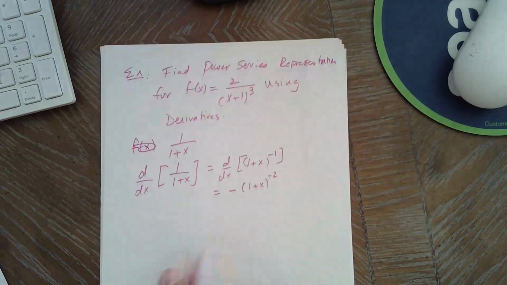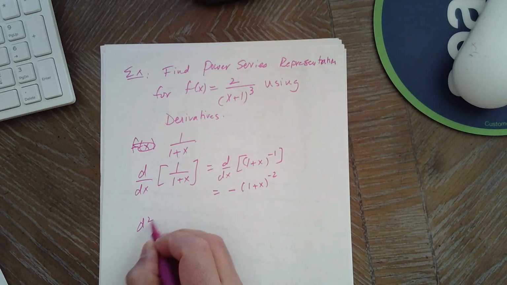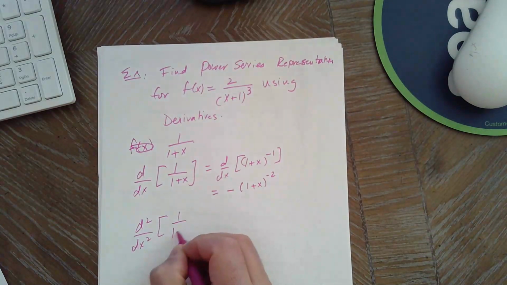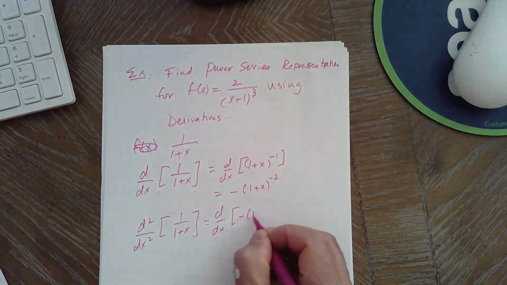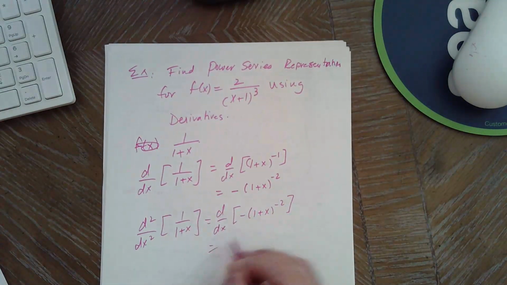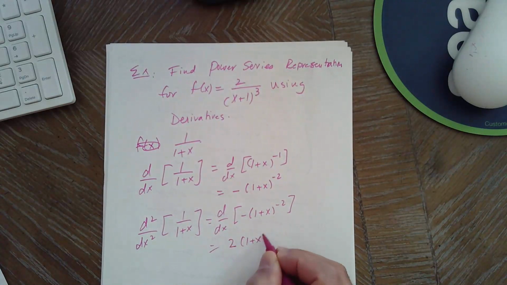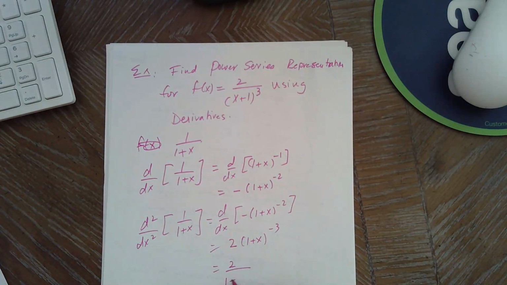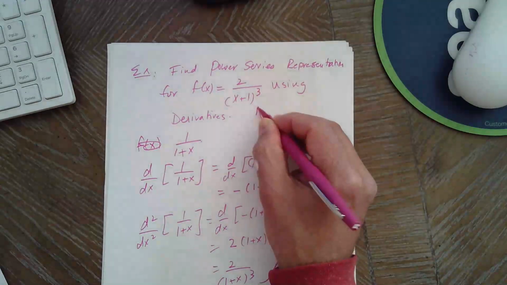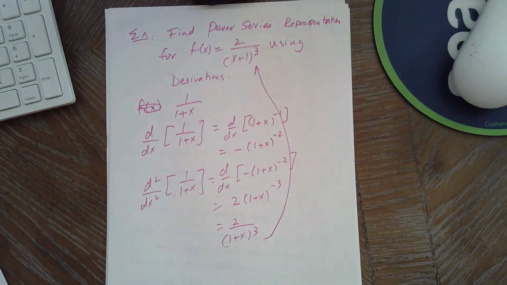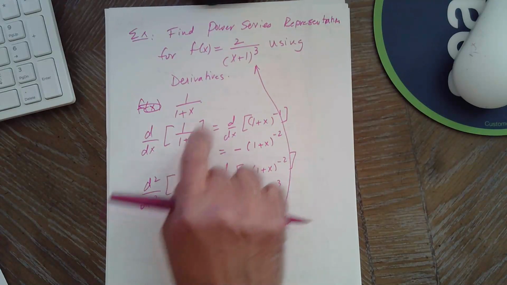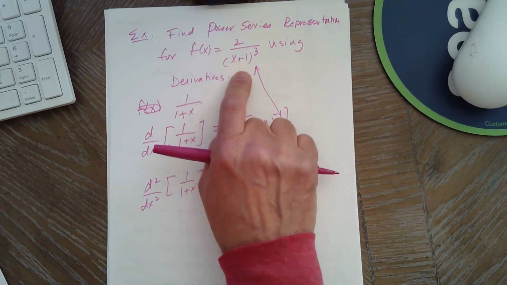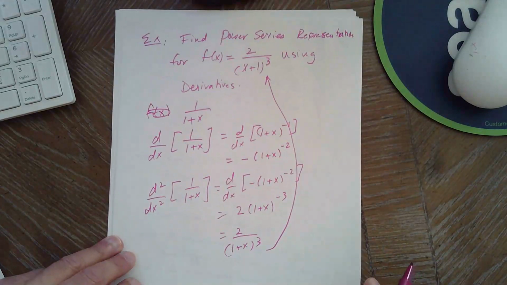But we need a cube, so let's find the second derivative of 1 over 1 plus x, which is the derivative of the derivative. And that's going to be 2 (1 plus x) to the negative 3, which is 2 over (1 plus x) cubed. Perfect. That gives me that function. So if we take the power series for 1 over 1 plus x differentiated twice, it's going to give me a power series for this one, using derivatives. That's what this is about.